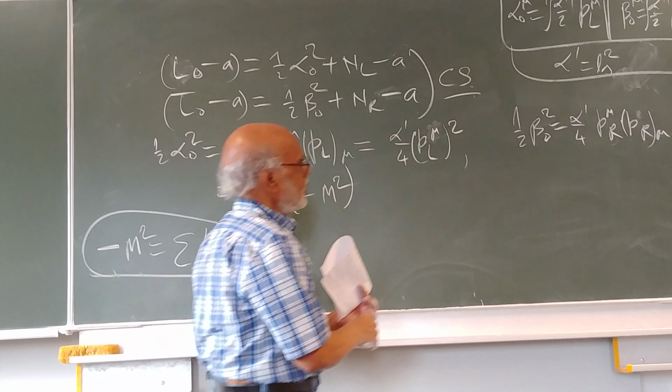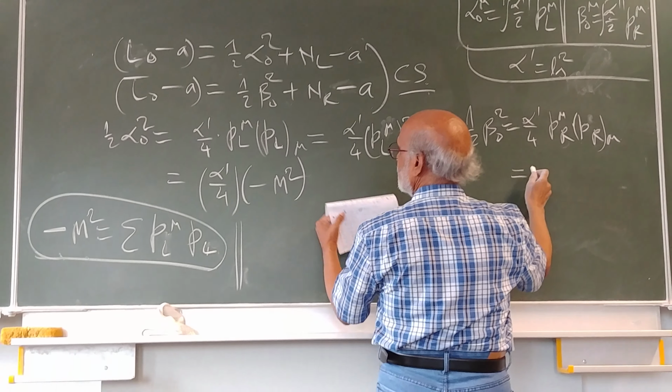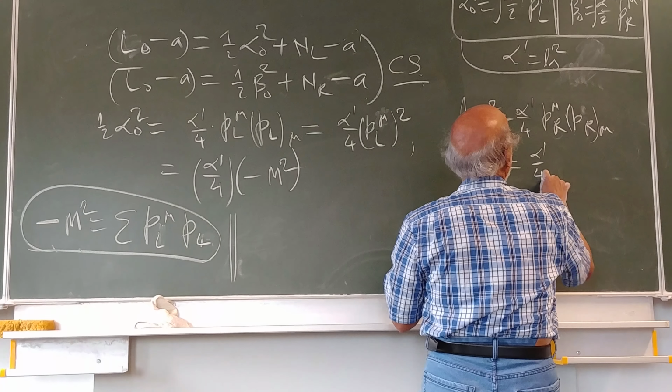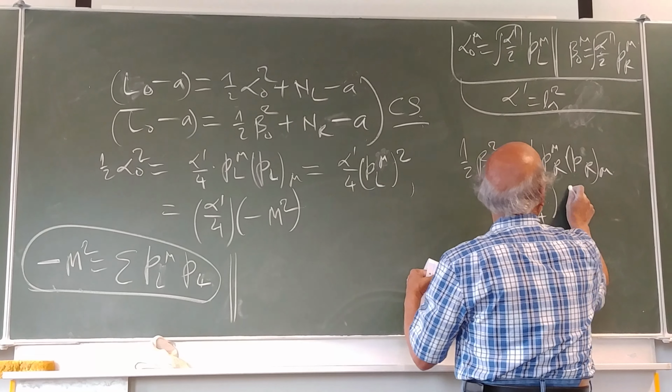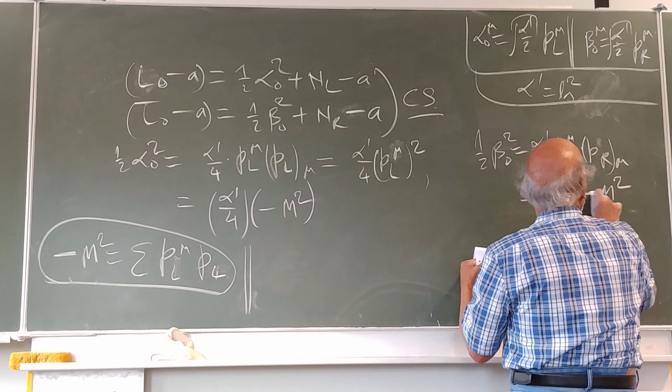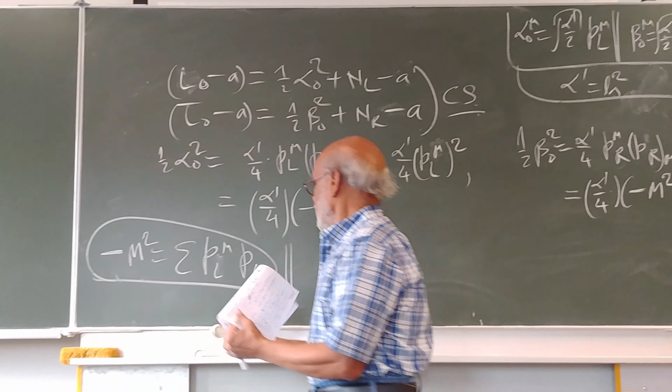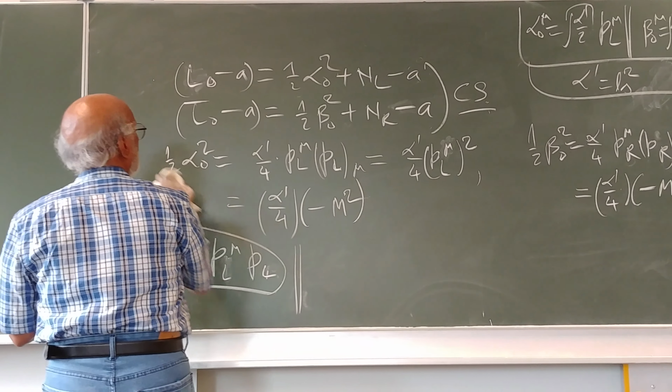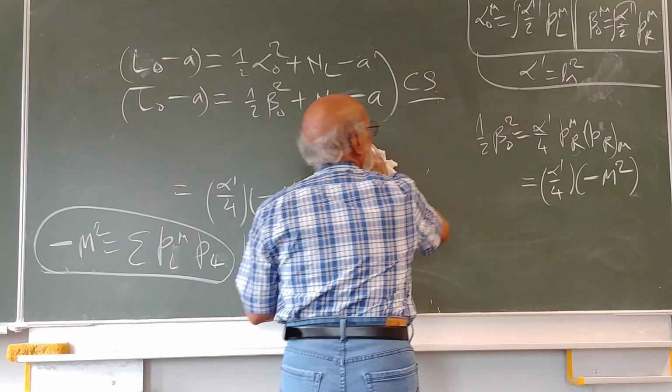I should not make blunders. This would also be alpha prime by 4 into minus m square. And now we carefully want to make use of these relations here.